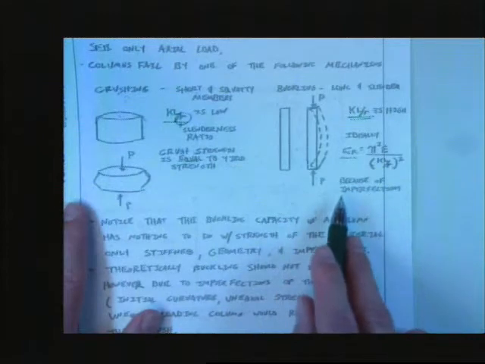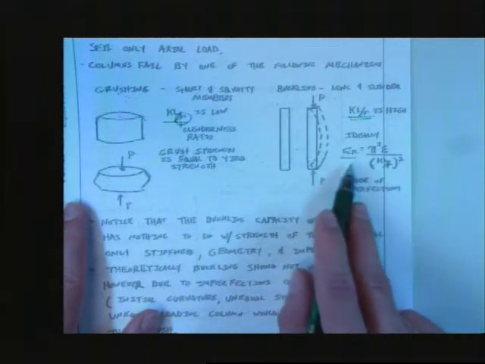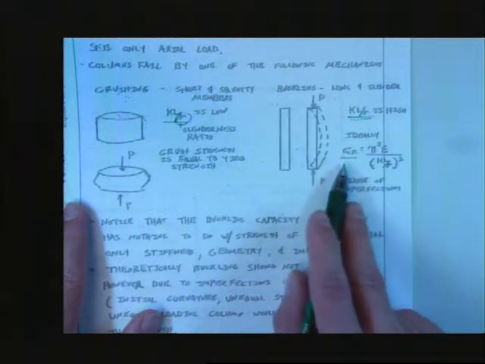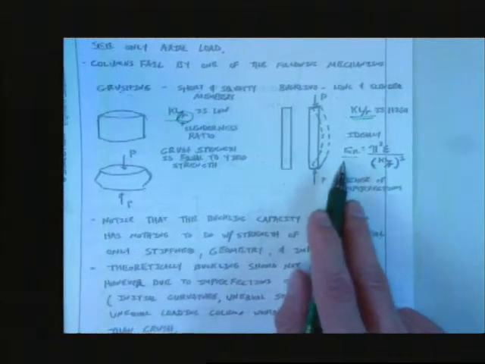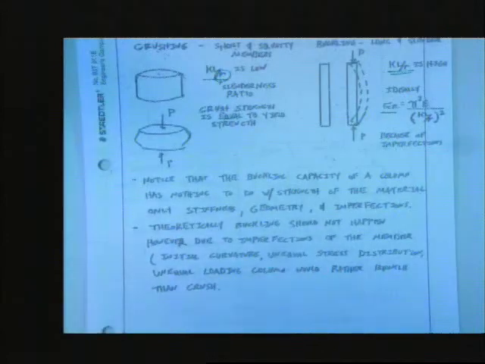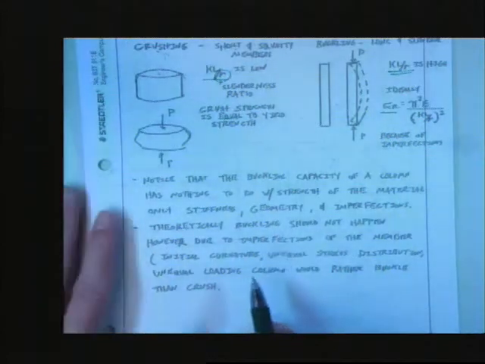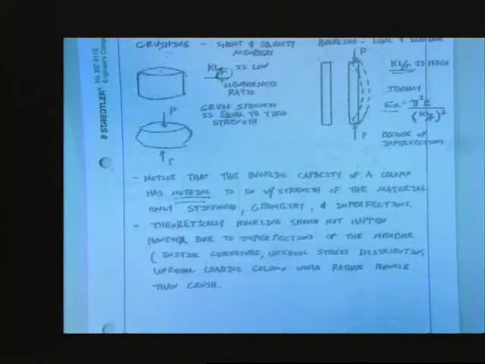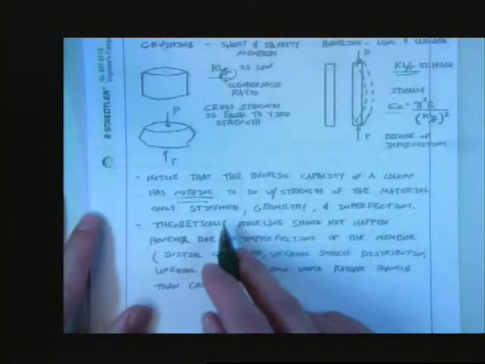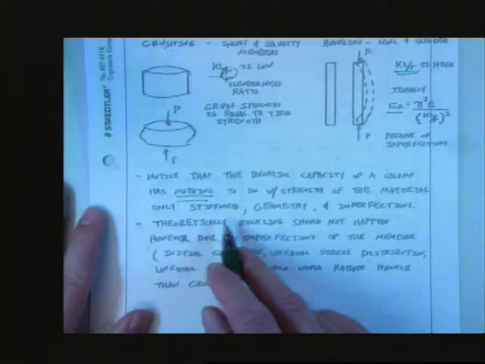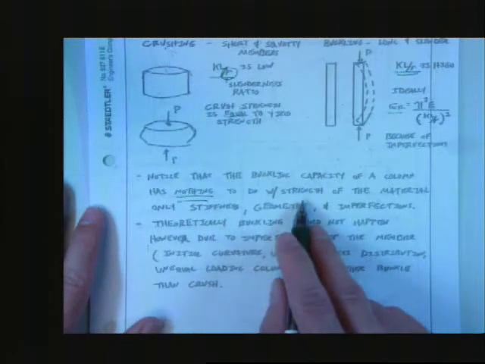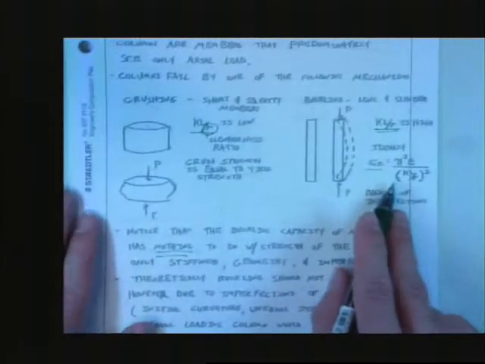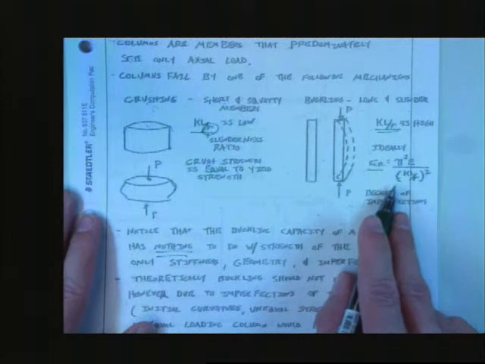Because of imperfections, though, this equation only controls if KL over r is extremely large. Okay, and we'll talk more about that coming up. Notice that the buckling capacity of a column has absolutely nothing to do with the strength of the material. KL over r, pi squared E over (KL over r) squared.